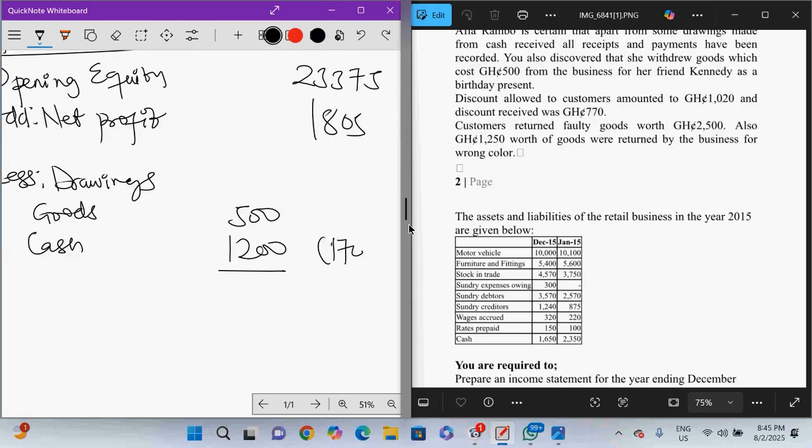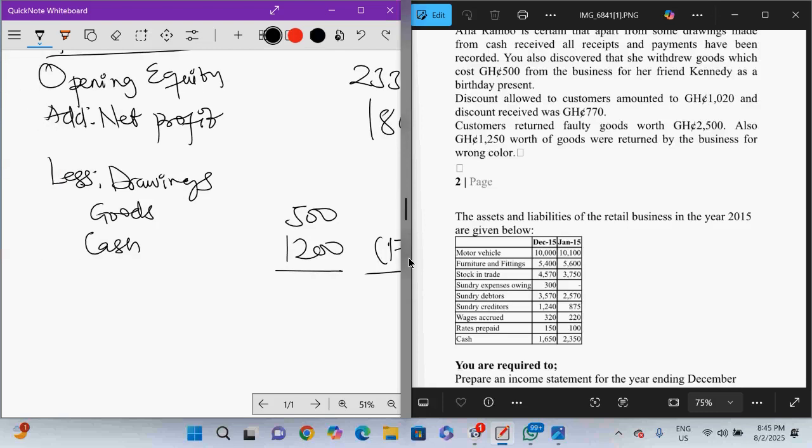What else? Is that all? Yes. So what will be our capital employed? 23,480.